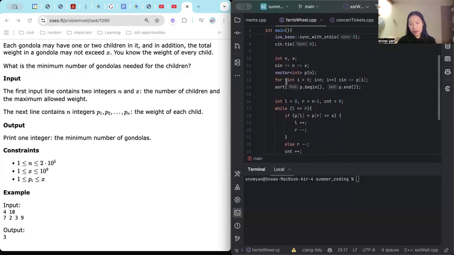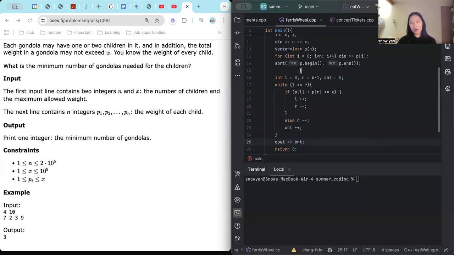And then my next line is a for loop, where I take the n input weights. And then because I want to deal with the best pairings of how I can maximize every two groups if possible, I would want to sort it because I don't care who goes on first. I just care about how I can maximize the number of people I group.